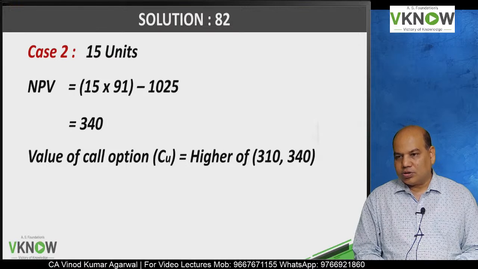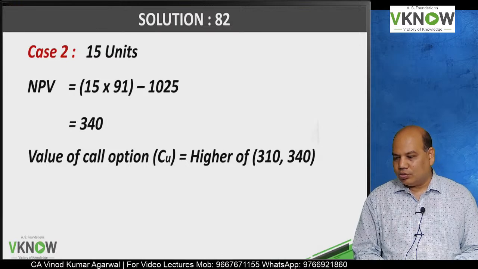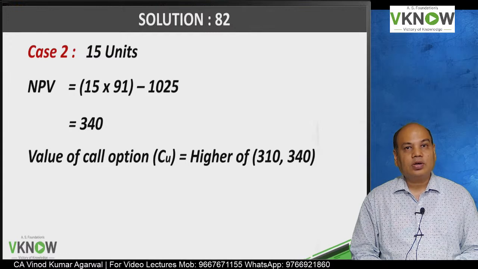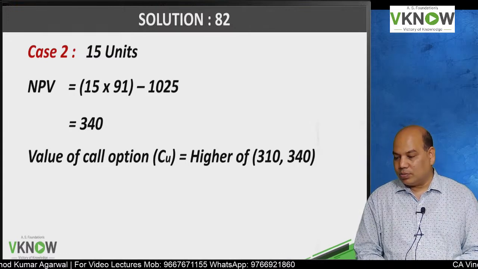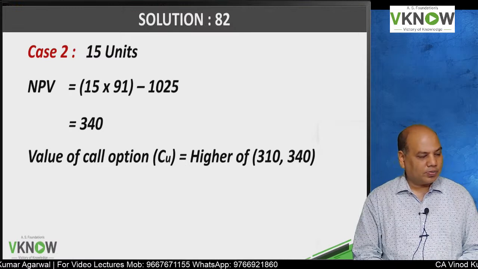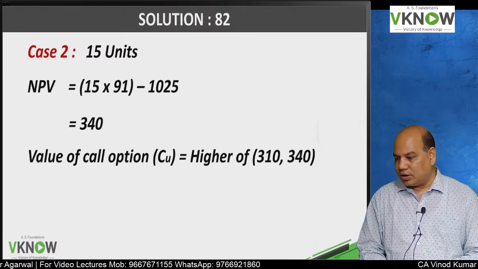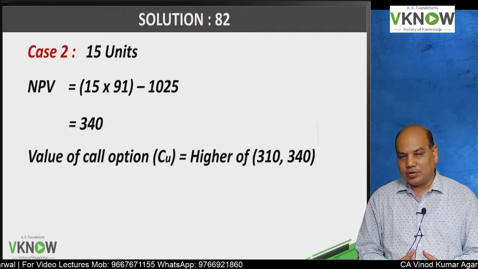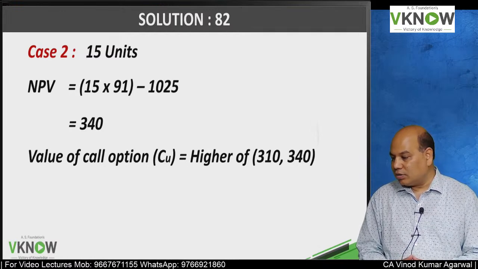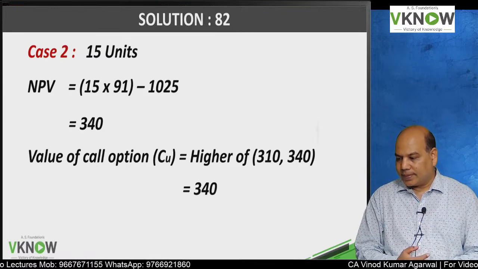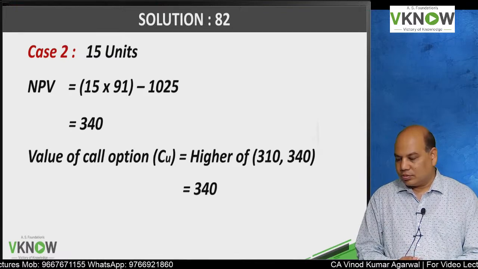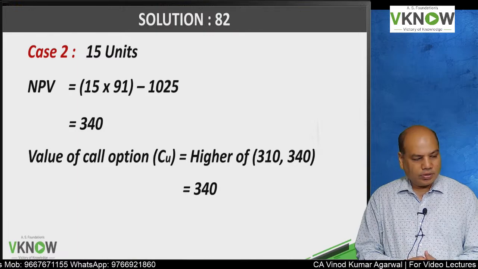So I have to make a choice between 10 units and 15 units. What will be my value of this call option? For waiting for 1 year, if the market is buoyant, I will choose higher of the two. So write down value of the call option will be higher of the two, 340.